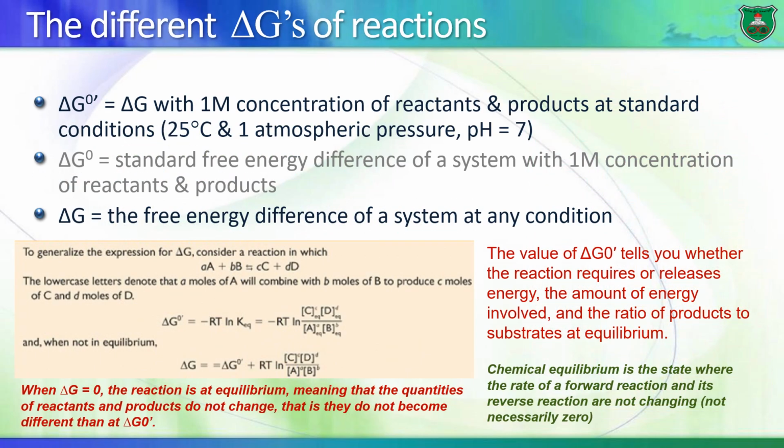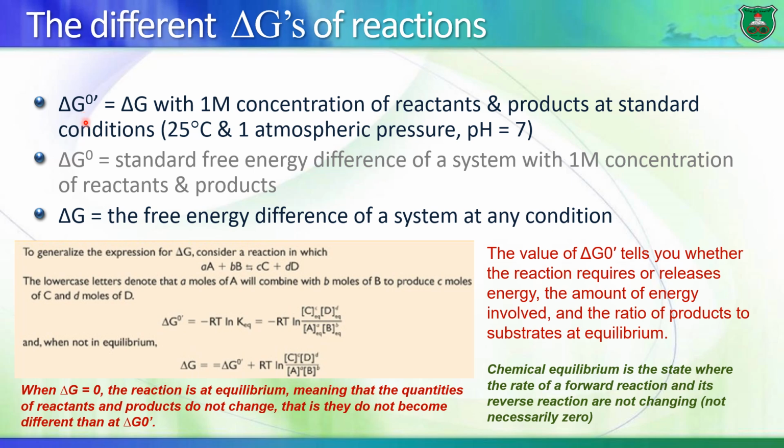Now, in a previous slide, I talked about delta G naught prime. But there are different definitions or different terms for G or delta G. Now we have the delta G naught prime.